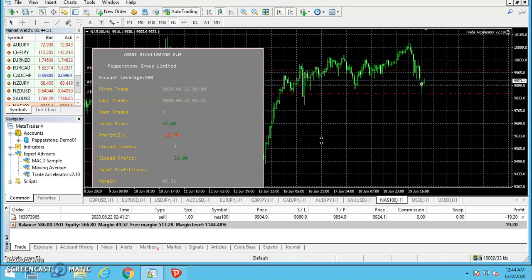The trailing stops are also fully automated. They're very smart trailing stops. For instance, you can see this trade was opened here, and at the initial time the trailing stop started there with that little red line, but now it has moved lower.